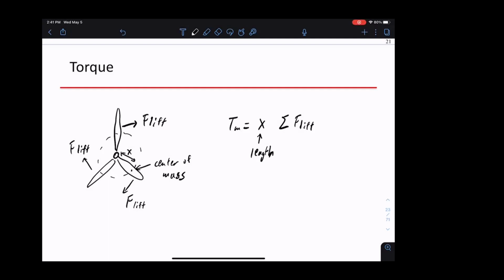And one thing we should always remember is for wind turbines, it's not more lift the better. So we often want to control the amount of lift we have on the blade. Sometimes we want the maximum lift or the maximum torque. Sometimes we don't.